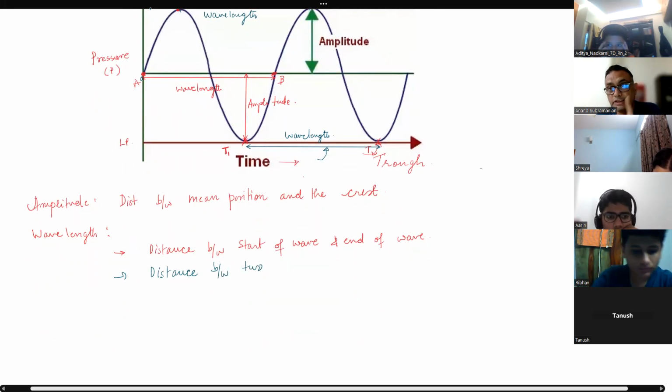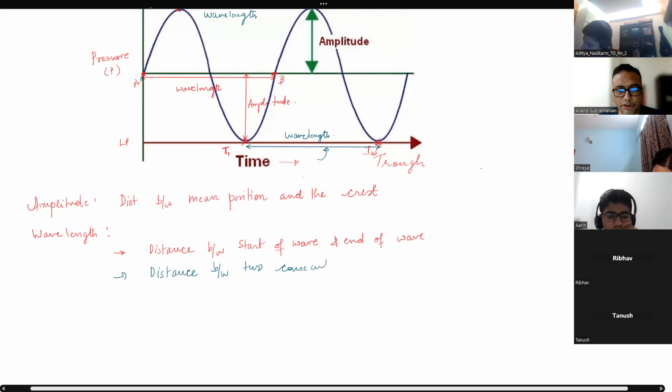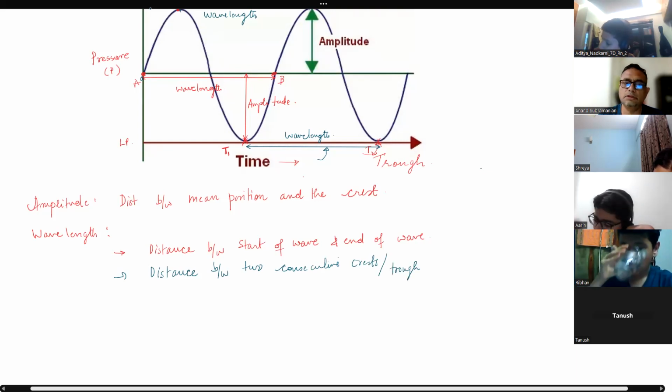But you have to say it is the distance between two consecutive crests, consecutive, not first and fourth. Two consecutive crests or two consecutive troughs is also called the wavelength.